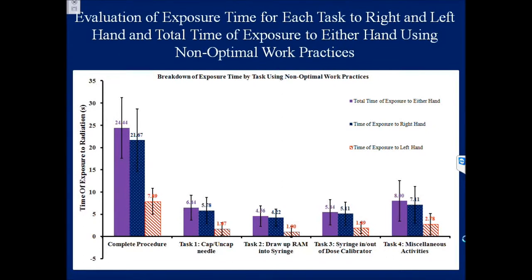Because when I talk about making up a radiopharmaceutical, they put a radioactive material in there, and then they add saline, and they may have to do some more work also. They may add saline a couple different times, as well as they may have to add other materials too.